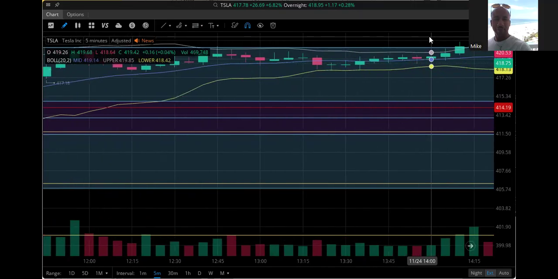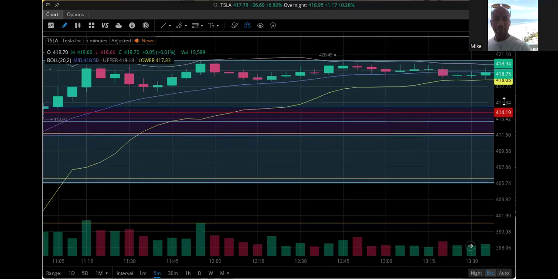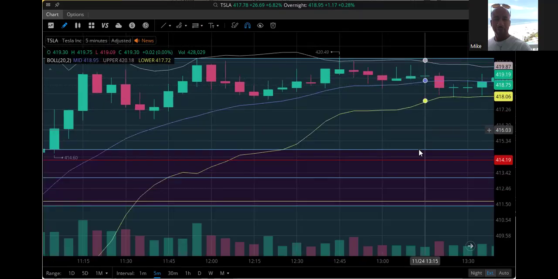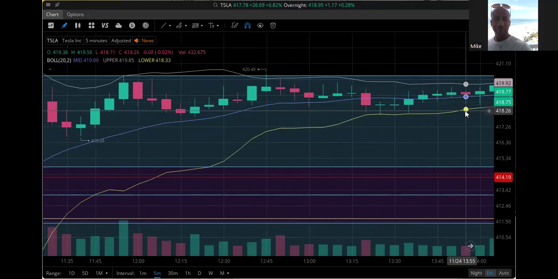Oh, the bottom of the Bollinger came into play. So I think I did grab contracts here and probably ended up getting rid of them somewhere up in here.